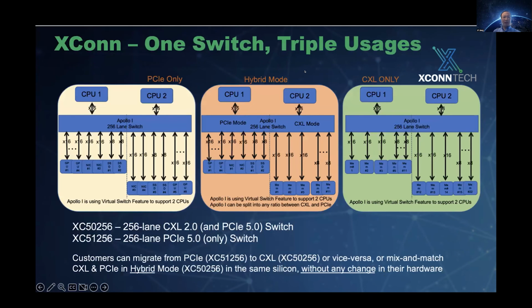All right, so I'm also going to use this chance to talk about our current products, which we mentioned on the product page: the XC50256, which is the CXL 2.0 switch, and also the XC51256, which is a PCIe 5.0 switch only, right?